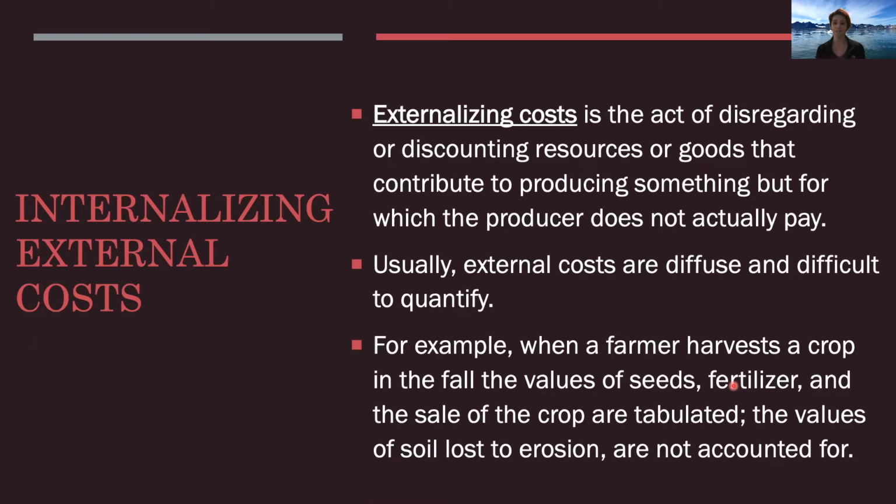All of that definitely is a cost, but it was not tabulated or accounted for. So these things that aren't accounted for are most often costs that are shared by the whole society rather than the resource user themselves. They are external to the accounting system, and they're generally ignored in those cost-benefit analyses.